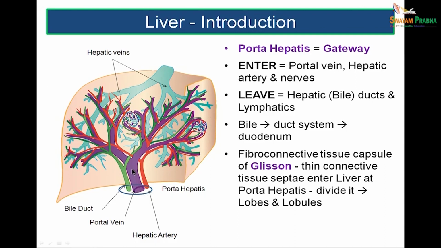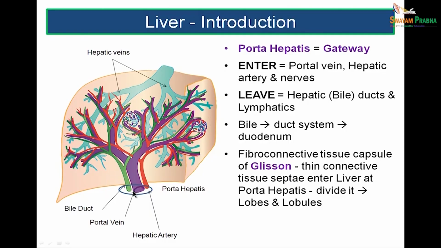The portal vein, bringing blood from the intestinal tract, the hepatic artery, bringing oxygenated blood to the liver, and nerves. What are the structures that leave the porta hepatis? Structures that leave are the bile duct, draining bile towards the duodenum, as well as lymphatic channels.